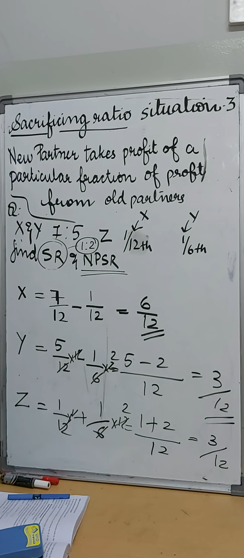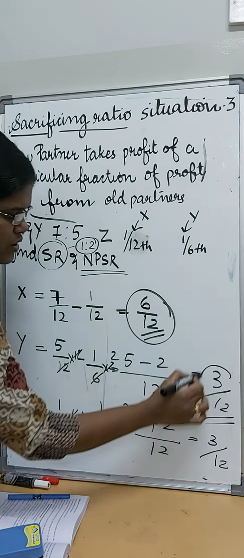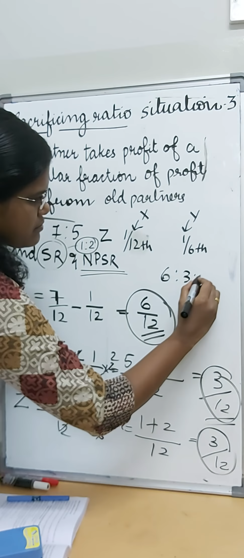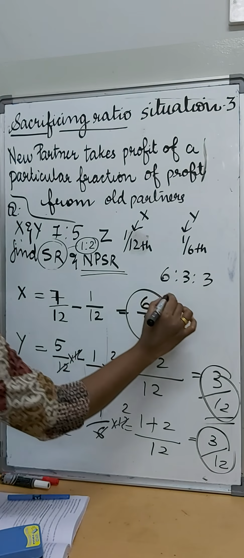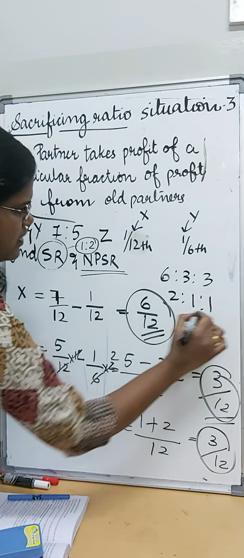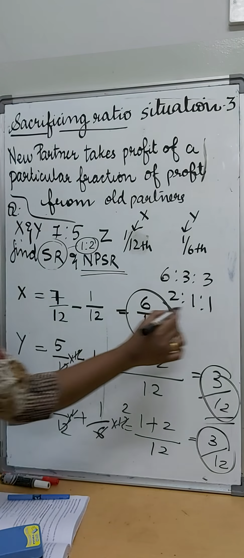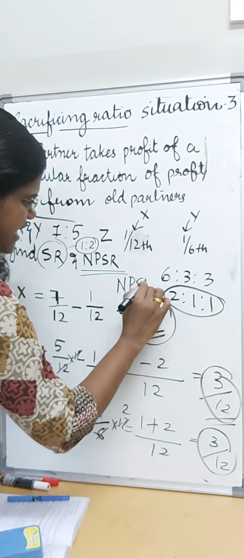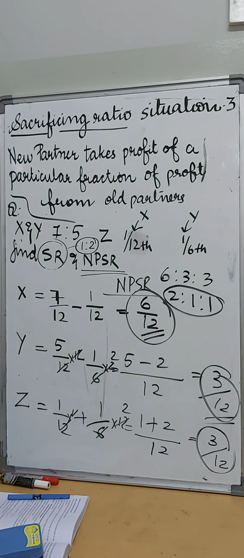So the new profit sharing ratio of X, Y and Z is 6:3:3. Otherwise I can write 2:1:1, when I divide by 3. That is the new profit sharing ratio of X, Y and Z.